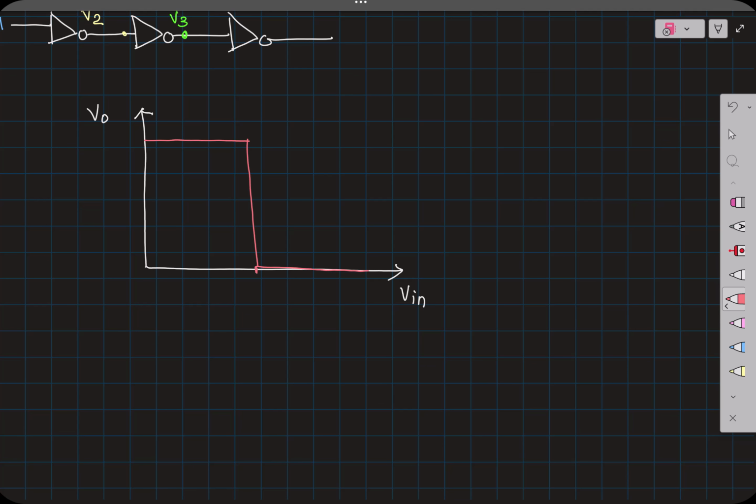If this is VDD and this is VDD, you will have both your VIH and VIL here, and this should be equal to VDD by 2. And this becomes your VOH, and this value is your VOL. Right? This is what our ideal VTC should look like.